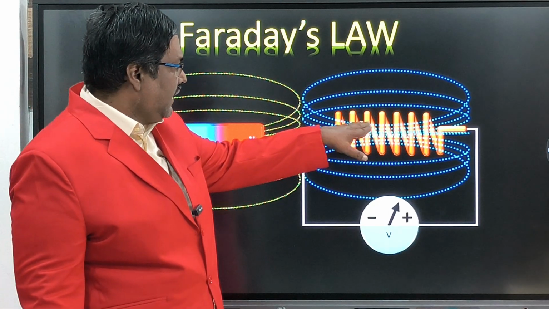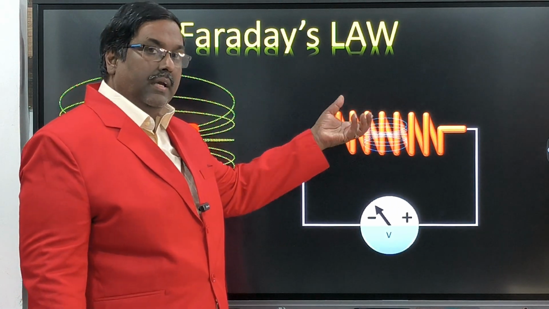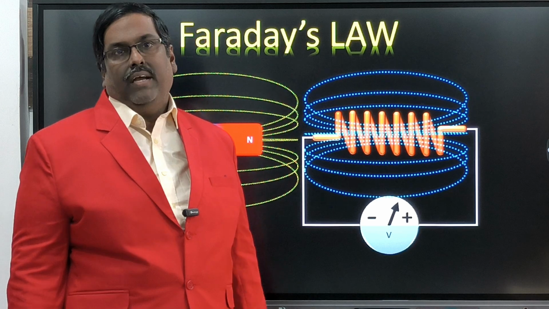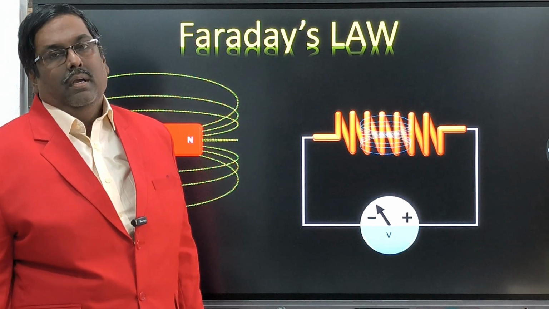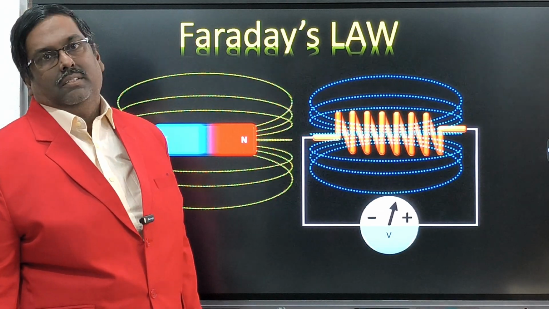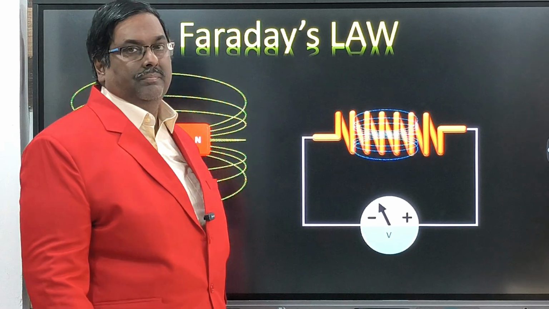So there is a current change in the inductor coil. If there is any current change in the coil, it will create its own magnetic flux.